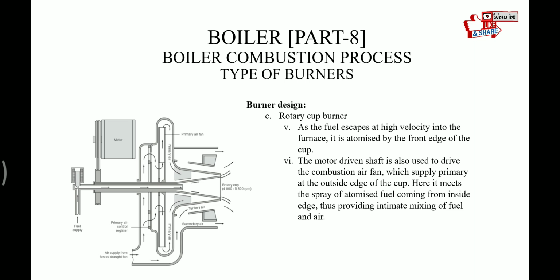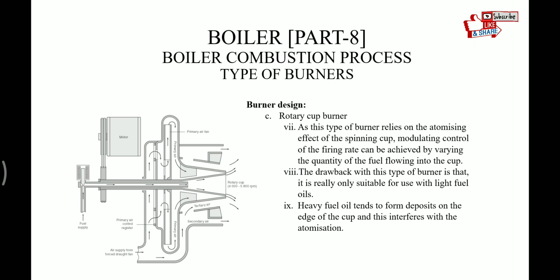So the front edge atomizes the oil which is injected. The motor driven shaft is also used to drive the combustion air fan. The same motor is also used to drive the air fan which supplies primary air at the outside edge of the cup. Here it meets the spray of atomized fuel coming from the inside edge, thus providing intimate mixing of the fuel and air.